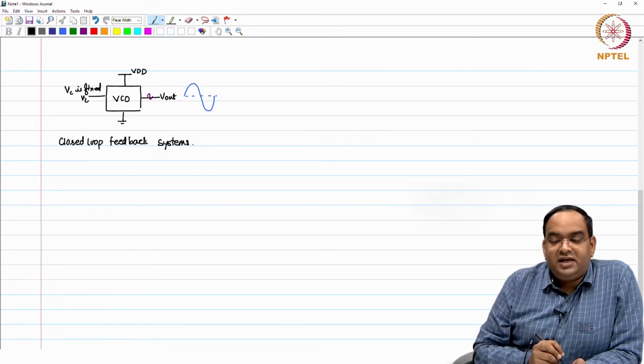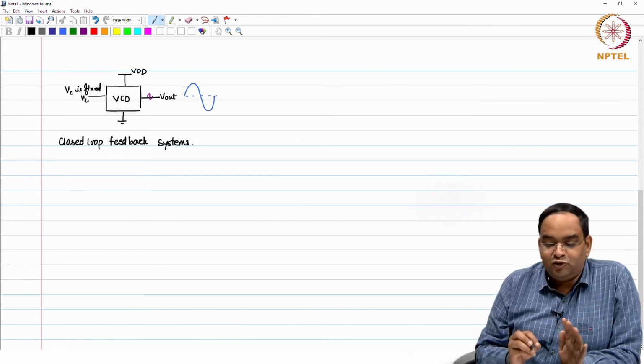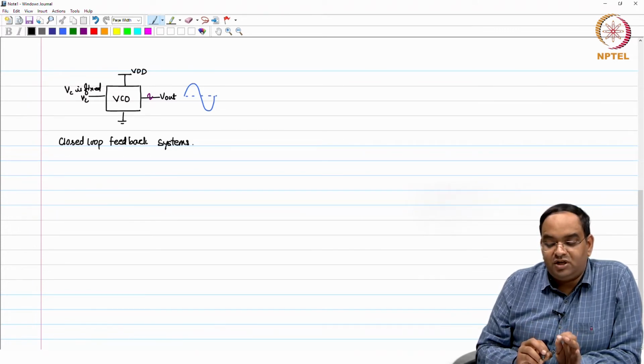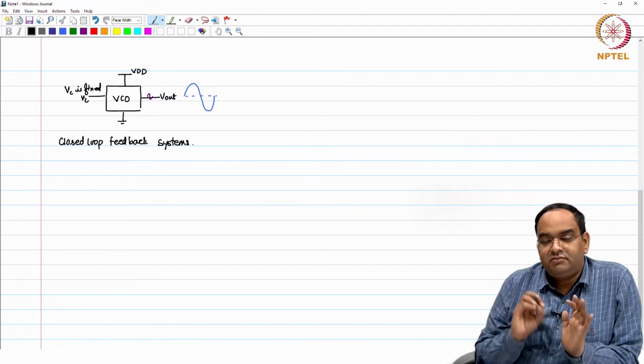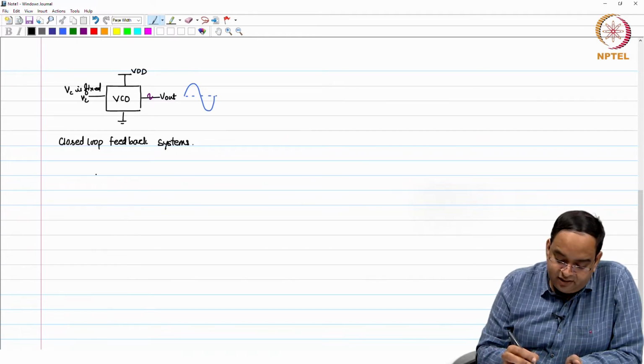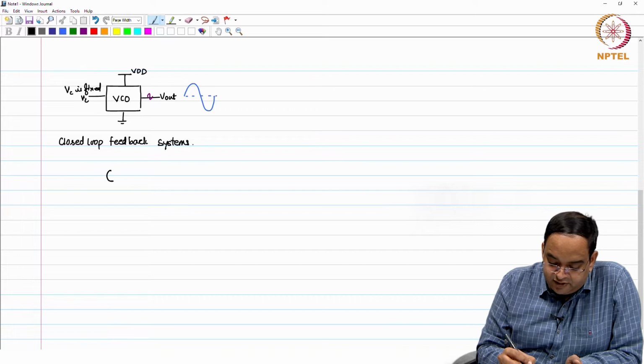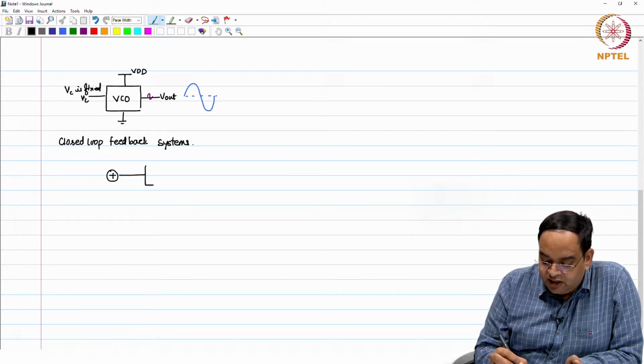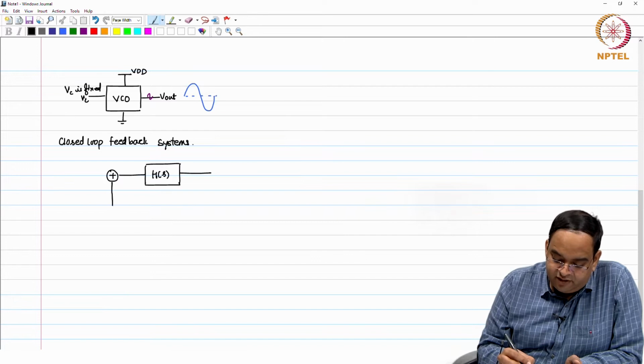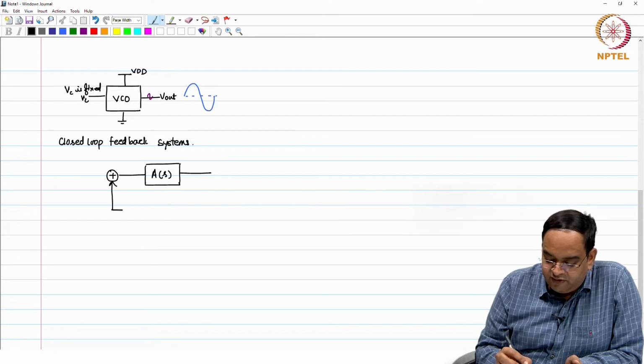Okay. I use the word closed loop because if you make any disturbance, it takes care of it. So, in general, let us draw a block diagram of a typical closed loop feedback system. You have a forward path with gain A of s and you have a feedback path with gain beta of s.